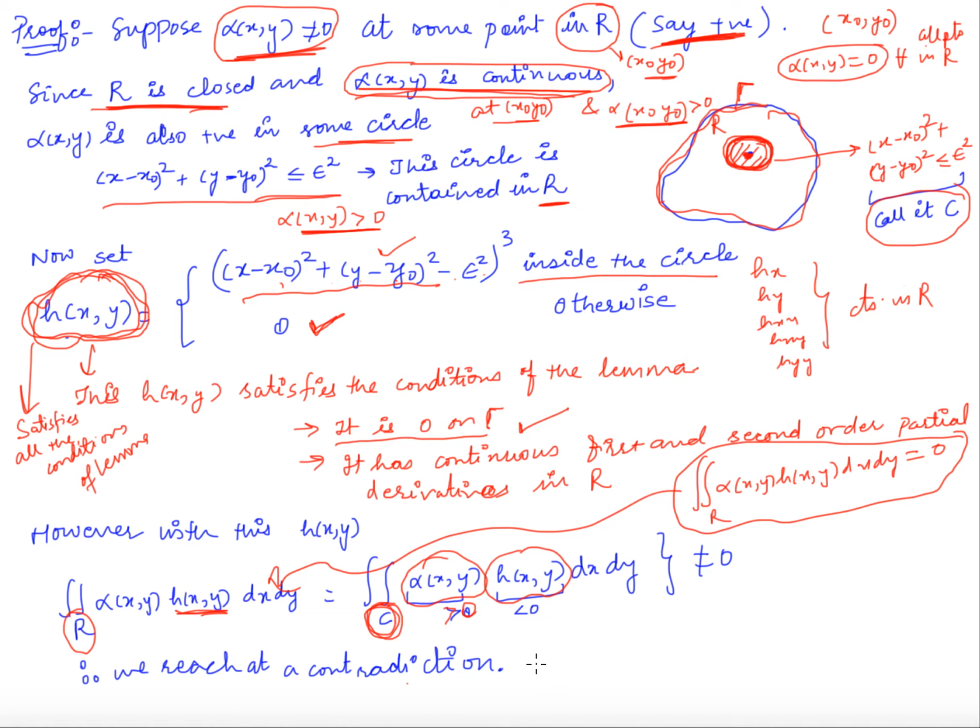So we reach a contradiction. So it means that our assumption is wrong, and alpha(x,y) is equal to 0 on R. Okay, this is a lemma. We need this lemma to derive this Ostrogradsky equation. Okay, let's do that in the next slide. Okay.